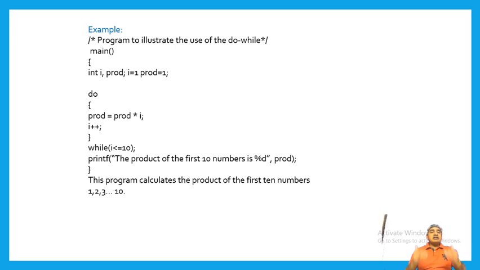When I is greater than 10, then execution of the program goes outside the loop and the message is displayed on the screen by using the printf function: the product of the first 10 numbers is %d, in double inverted commas, then product, terminated with a semicolon. printf is an output function. The output is the product of the first 10 numbers, that is 1 2 3 and so on up to 10. Okay, so very simple.